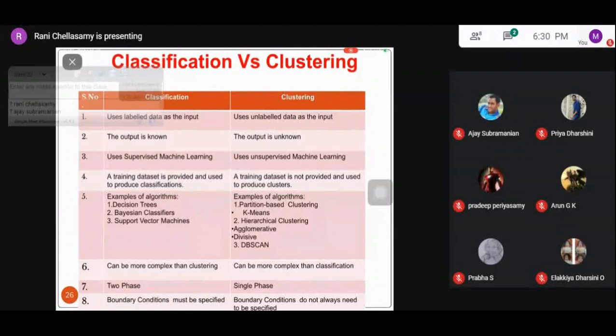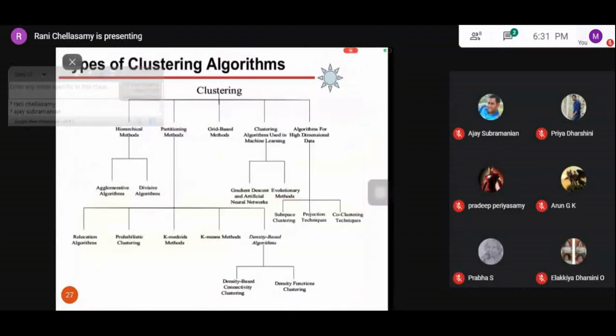The second phase is the prediction. In case of clustering, we have a single phase alone. Boundary conditions must be specified in classification, and boundary conditions do not always need to be specified in clustering.